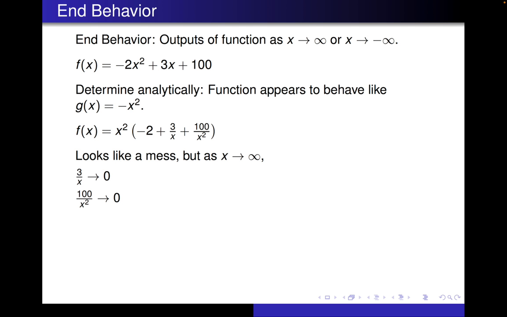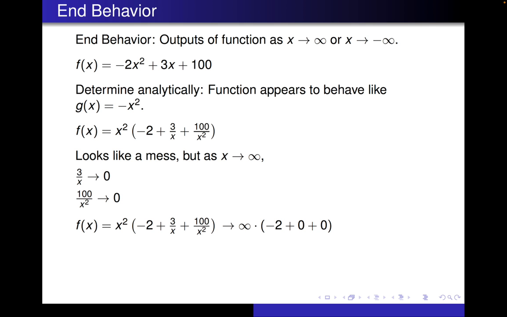So that enables us to figure out what's happening with f of x. So again, it's equal to x squared times the quantity negative 2 plus 3 over x plus 100 over x squared. Let's look at what each of those is doing as x goes to infinity. Well, that x squared, that's a huge number, and you're squaring it, that's headed towards infinity. That negative 2 is just headed towards negative 2, and as we've seen, those other two terms are headed towards 0.